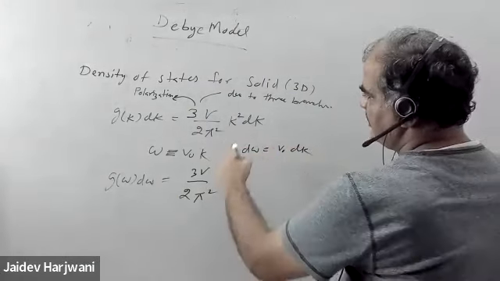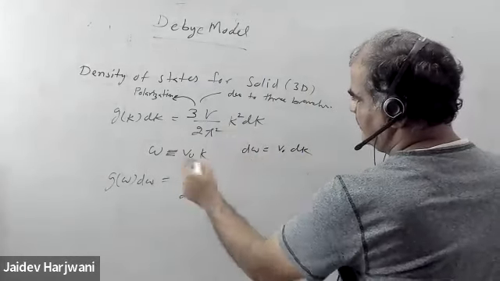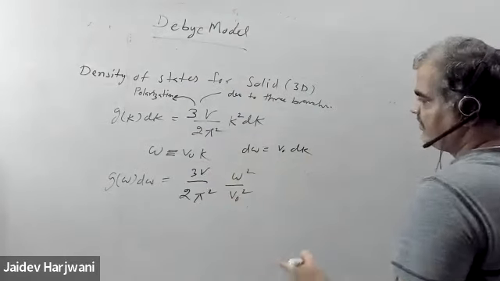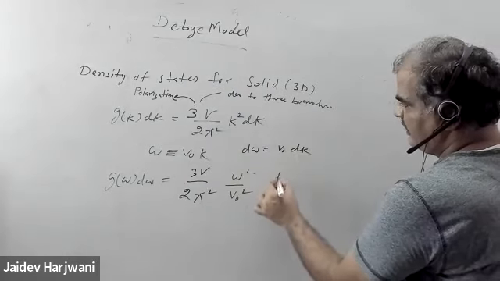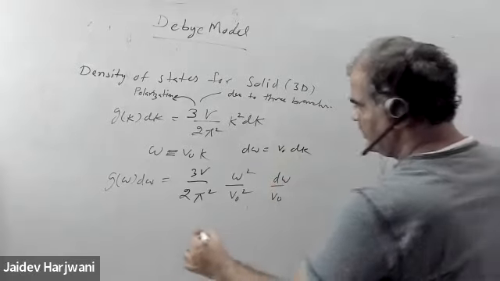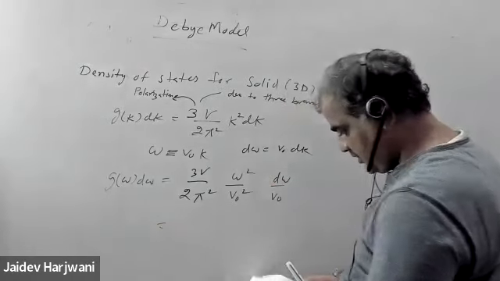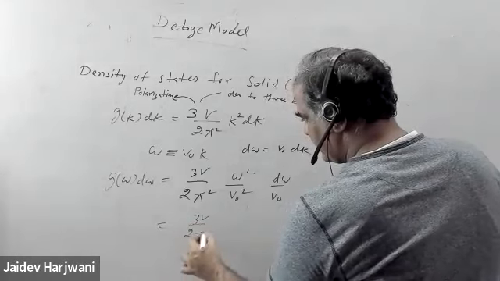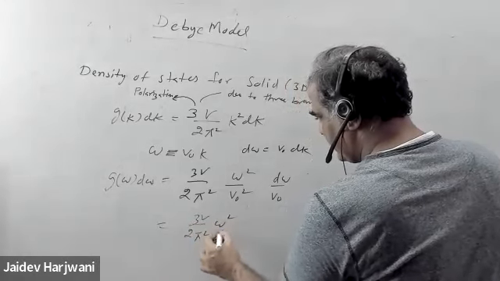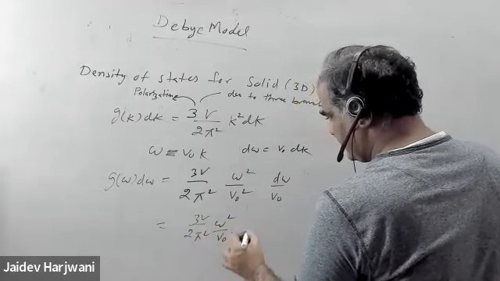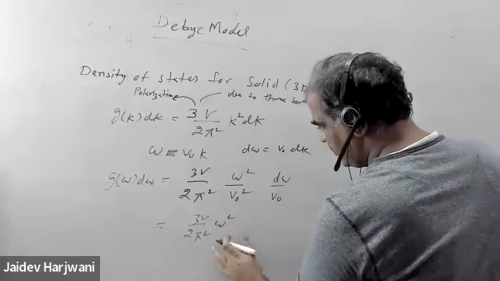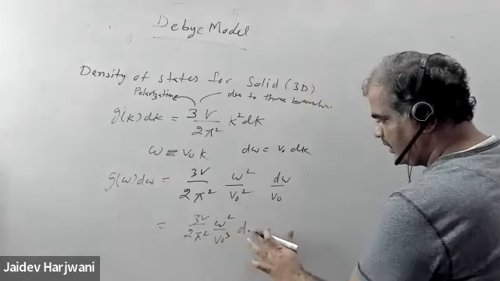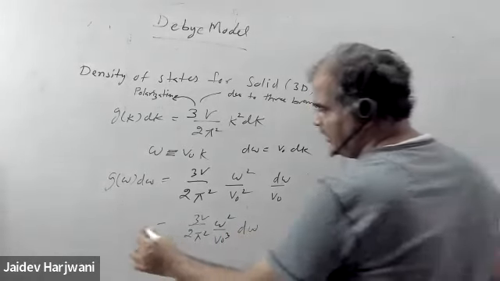So k square will be omega square upon V naught square, and dk will be d omega upon V naught. So what I will have is 3V upon 2 pi square, omega square upon V naught square, times 1 upon V naught, d omega. So are you getting what I'm doing here?